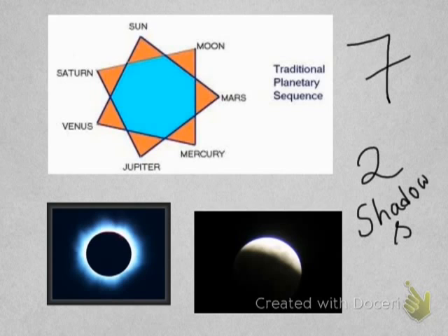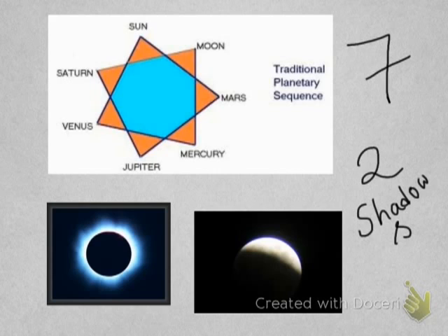As these two events are caused by shadows, they gave two different names to these two shadows and they considered them as planets. They are Rahu and Ketu. You will see a lot of stories about Rahu and Ketu in ancient Vedic literature as well as the ancient stories and literature all over the world.